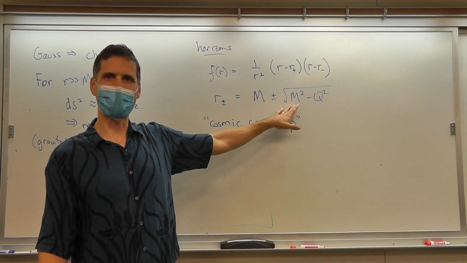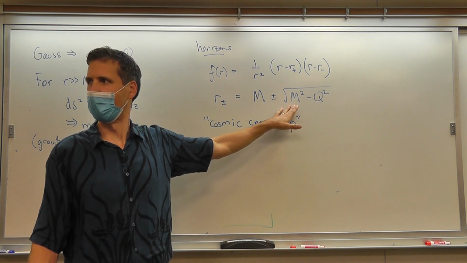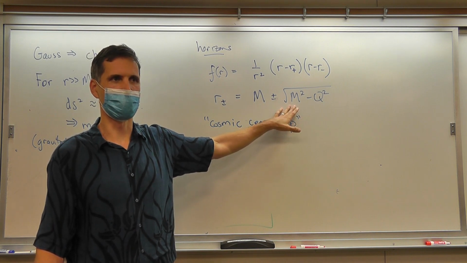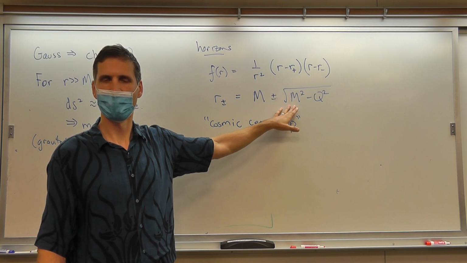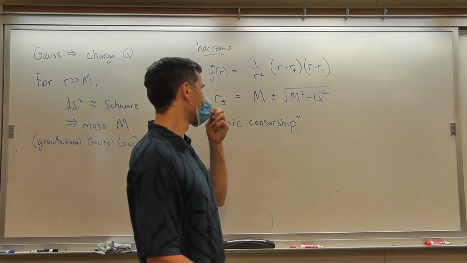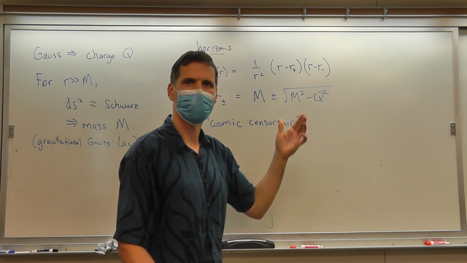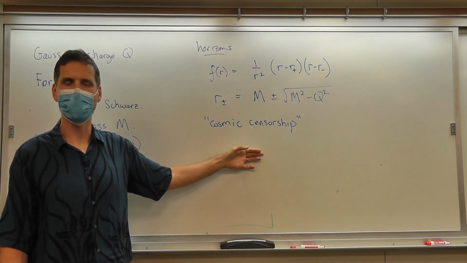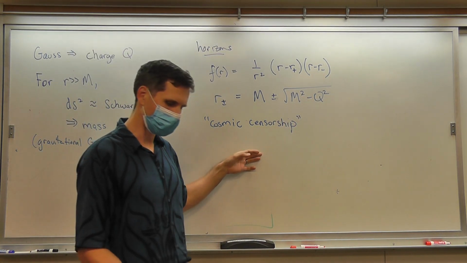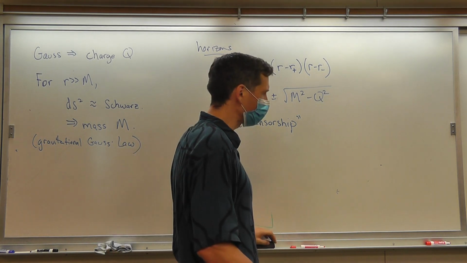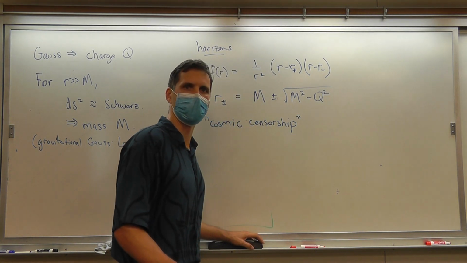There's nothing particularly wrong with it as a solution of general relativity, or Einstein-Maxwell rather. However, we think it doesn't make sense. So the cosmic censorship conjecture formalizes that. The conjecture is that naked singularities do not form from reasonable initial data.